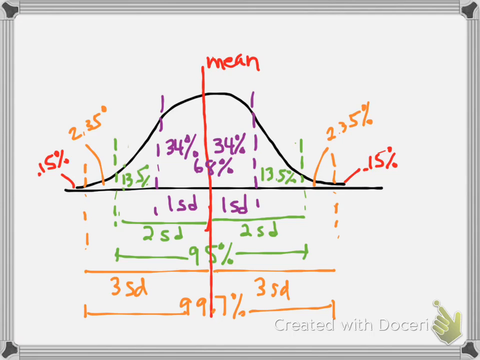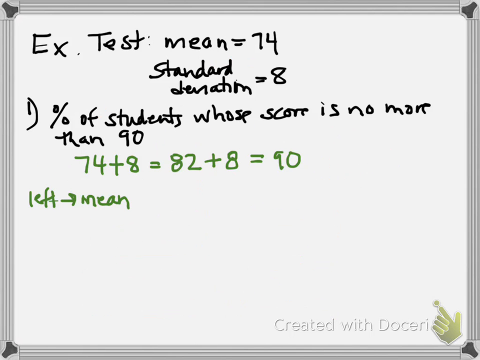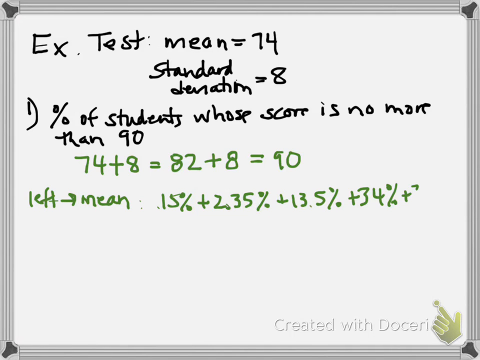All of that is to the left of the mean. Okay, so let's write that in. So that would be 0.15%, 2.35%, 13.5%, 34%.